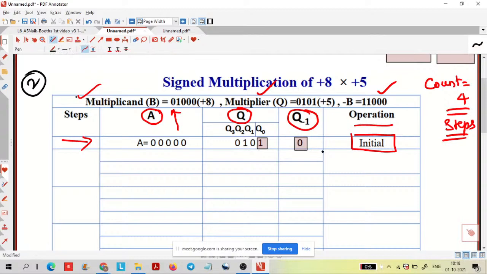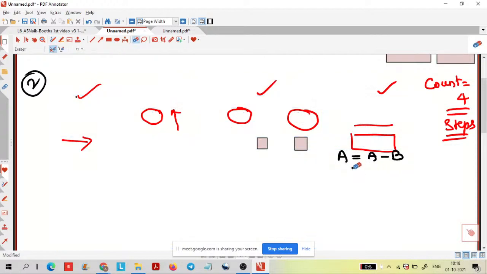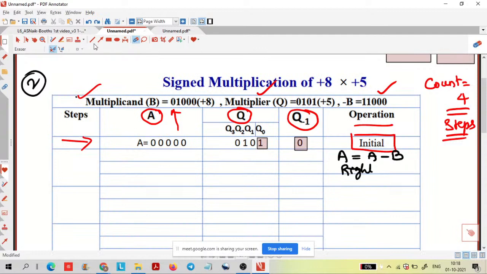You have to perform the A is equal to A minus B operation, then you have to perform the right shift. First, I will perform the A minus B operation.